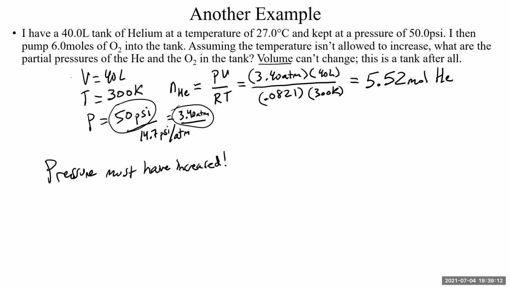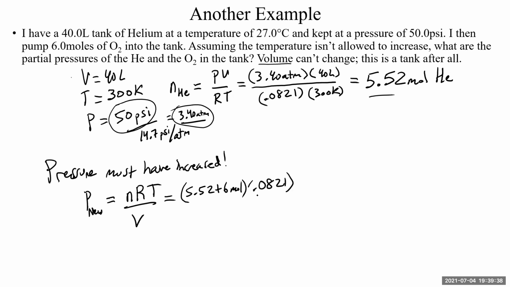So I'm going to calculate the new pressure, P equals nRT over V. But this time, my n value is going to be 5.52 plus the 6 moles that I added. So it's this total of 11.52 moles times 0.0821 times the same temperature, 300 kelvins, because I didn't let the temperature change, and I didn't allow the volume to change.